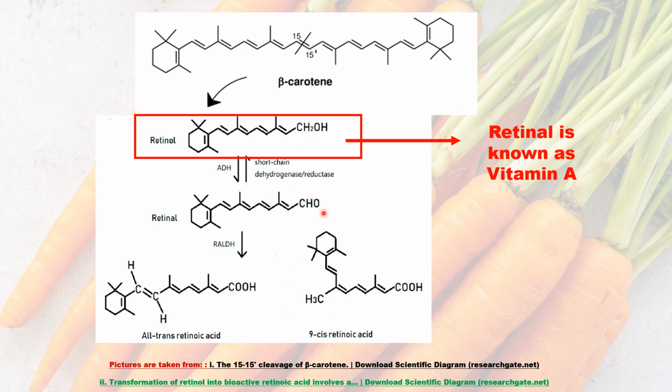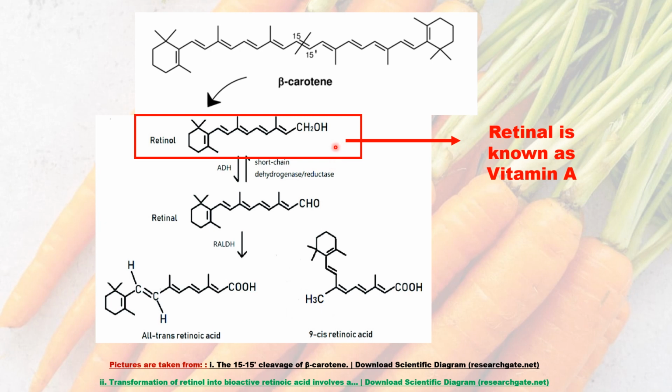Retinol further converts to retinal and retinal converts to retinoic acid. There are two types of retinal or retinoic acid we can get, cis and trans, but here I am not going to discuss the cis trans configuration. Retinol is also known as vitamin A, and we know how important vitamin A is for vision.